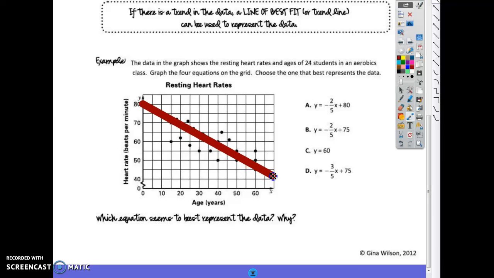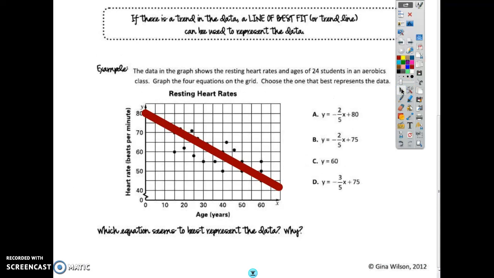That's how you would do your rubber band. So go ahead. And then if you want to draw it on top of it, you can. Because we need the equation. That's what it's asking us for. It's asking us for the equation. So go ahead and press pause and do this, and when you're ready, you can press play.